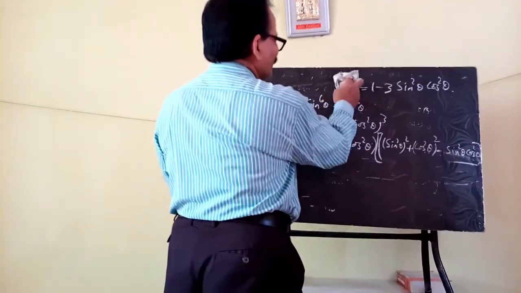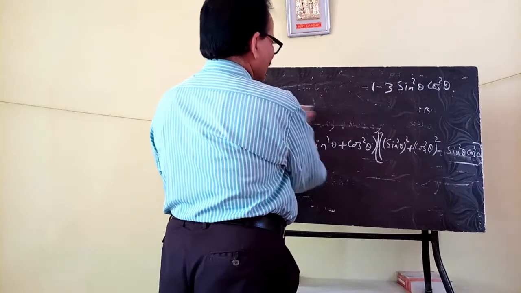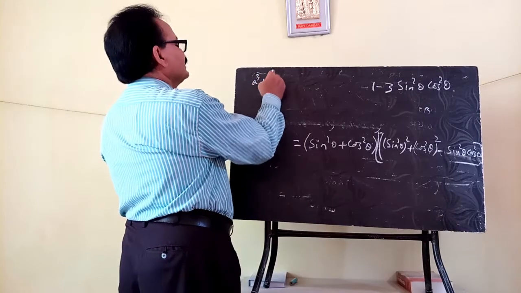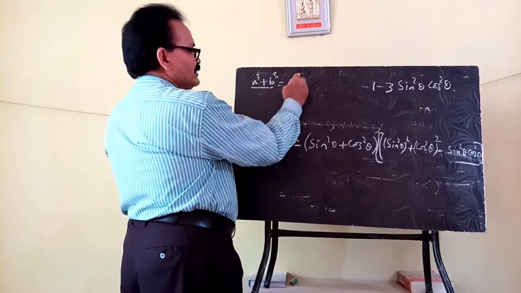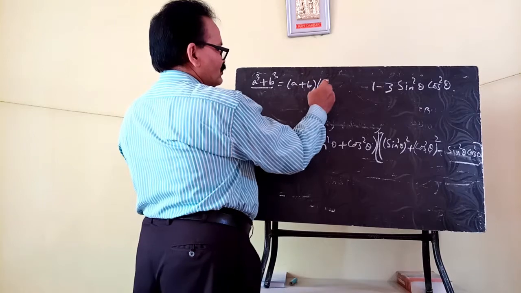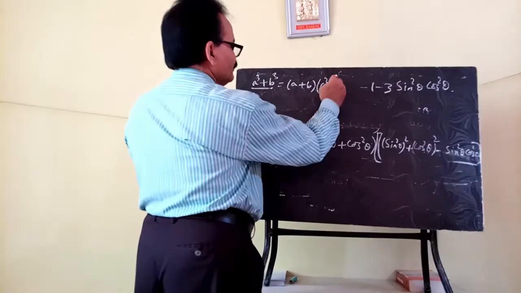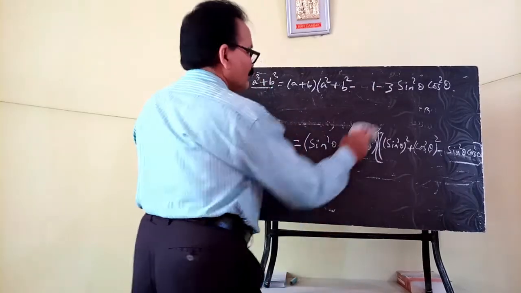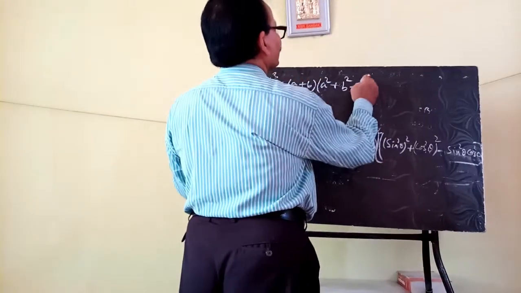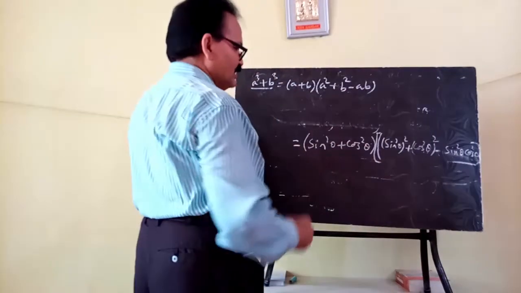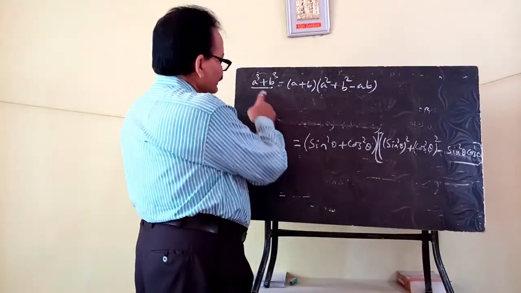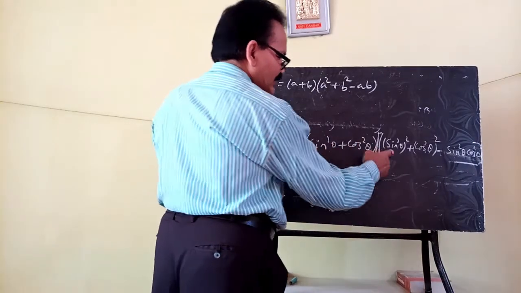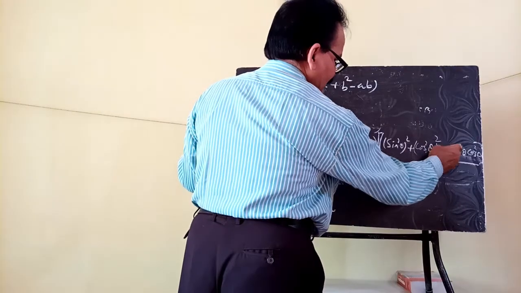You know the factor formula of a cube minus b cube, a cube plus b cube. The a cube plus b cube factor formula is a plus b into a square plus b square minus ab. So this formula I have used here. You see, a is sin square theta, b is cos square theta. So a plus b, a square plus b square minus ab.